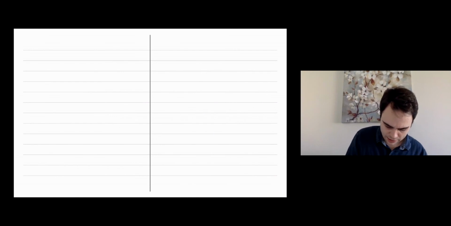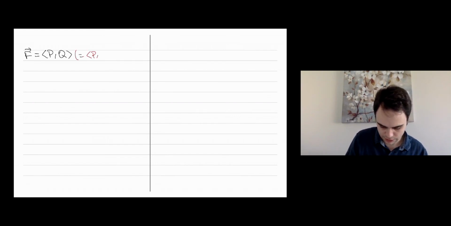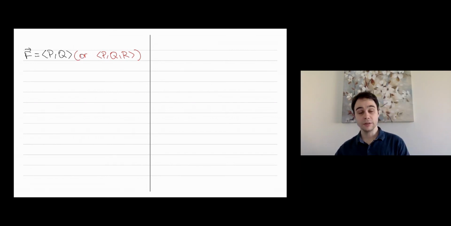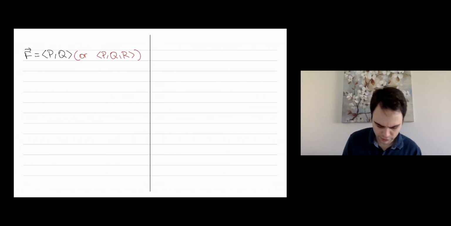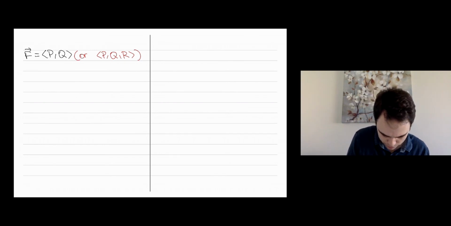Let's say that f is a vector field, either in 2D or in 3D. Then the following three properties are equivalent. So we have three equivalent properties.